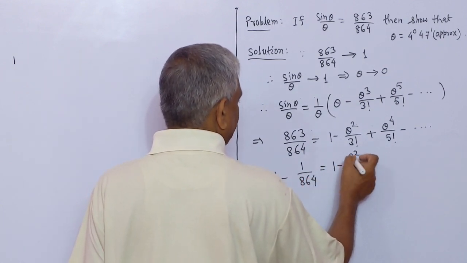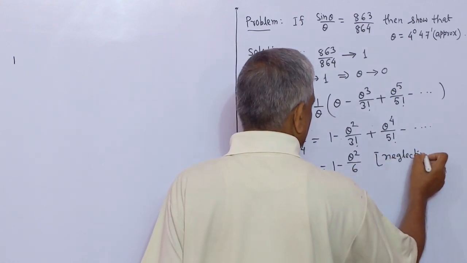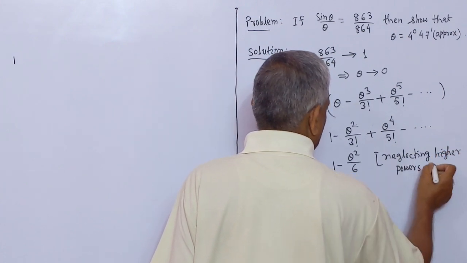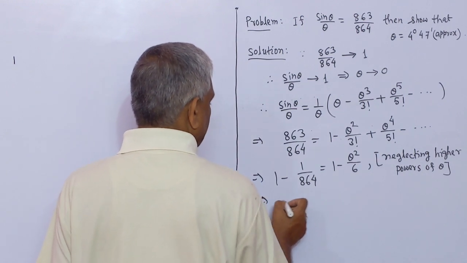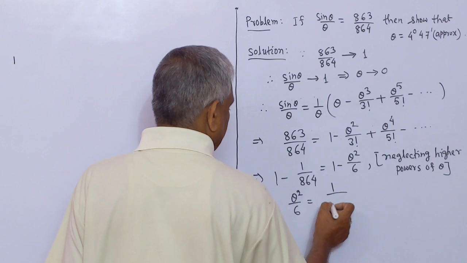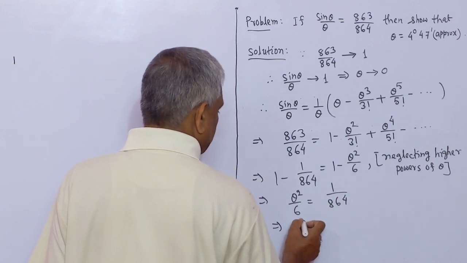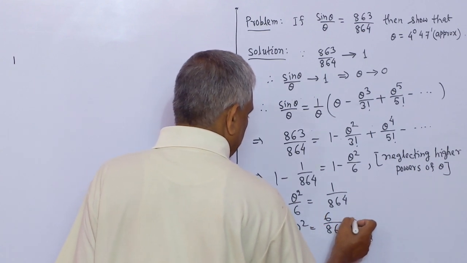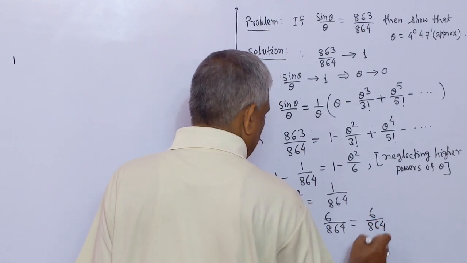theta square by factorial 3, meaning 6, neglecting higher powers of theta, which implies that theta square by 6 equals 1 by 864, which implies that theta square equals 6 by 864.